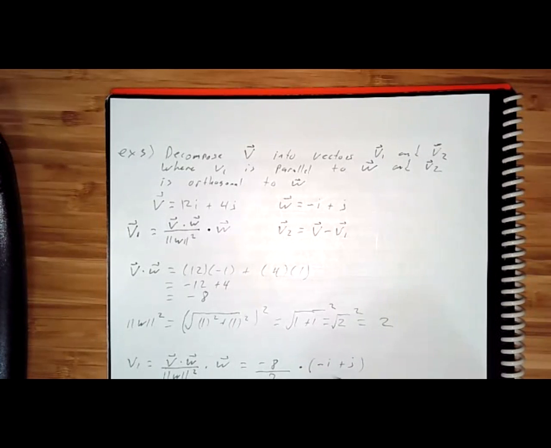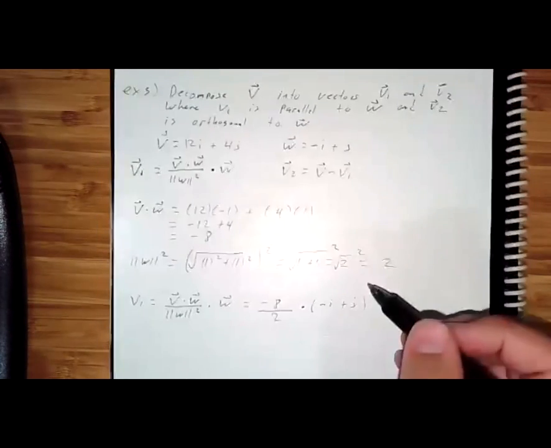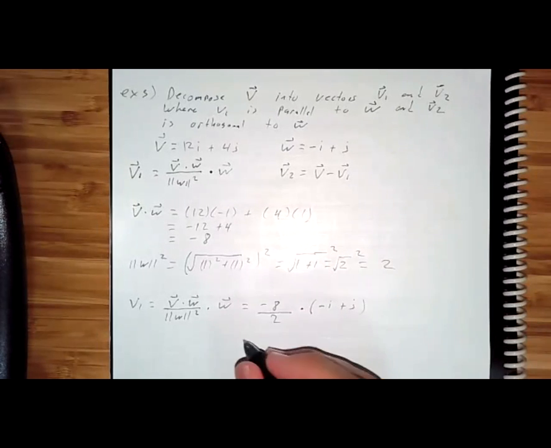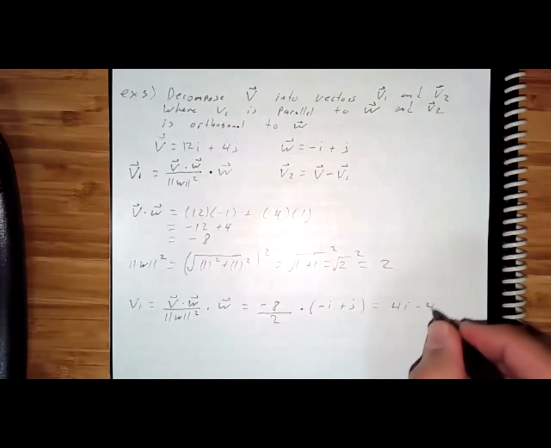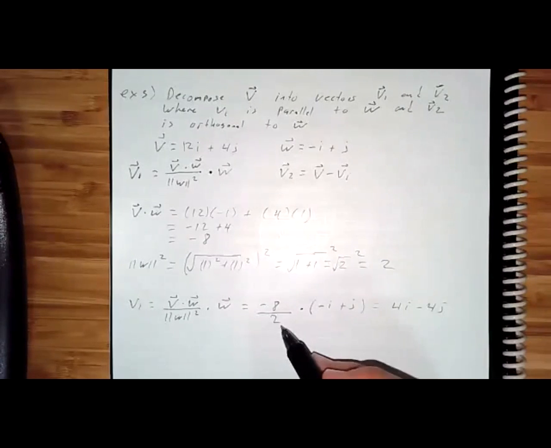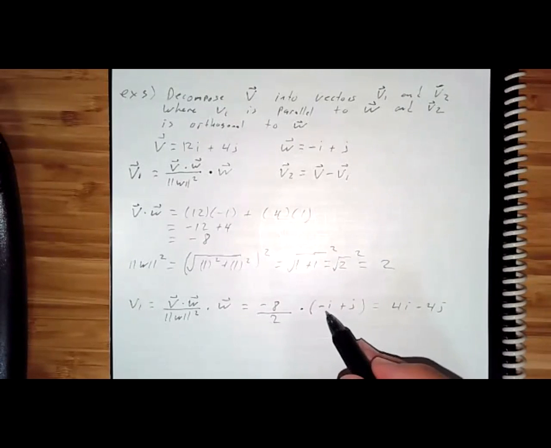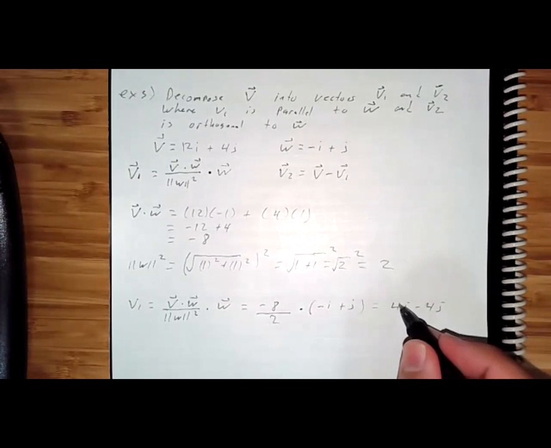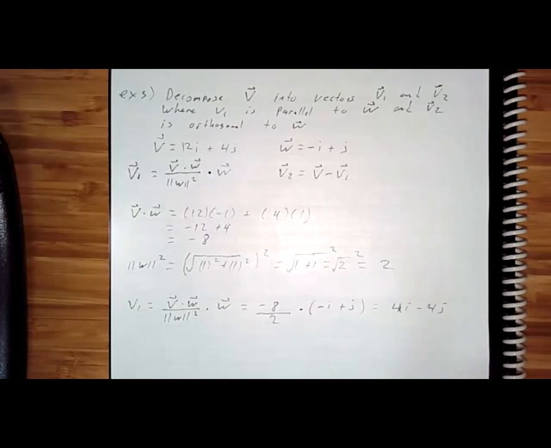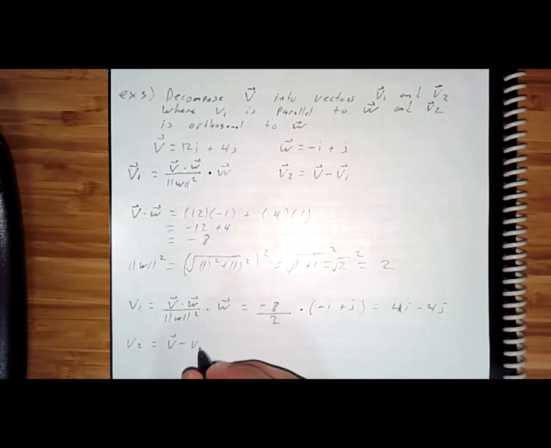Since this is just a scalar, we'll just scale this up. No big deal. So that will be 4i minus 4j. Because -8 divided by 2 is -4. -4 times -1 is positive. -4 times j is -4j. So this guy is V1. V2 will be easy. It's just V minus V1.